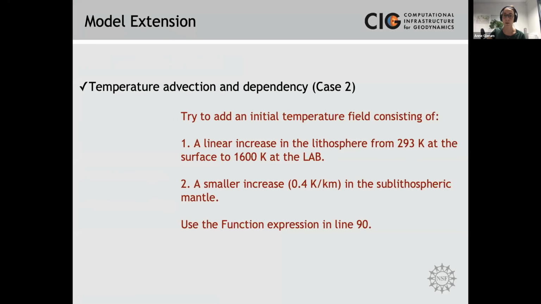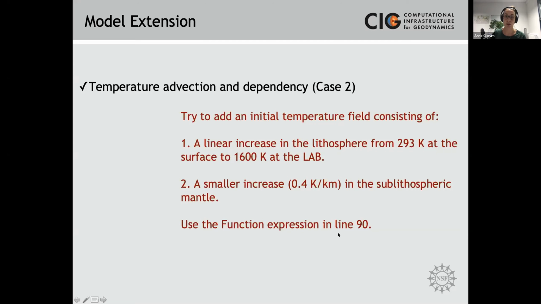And then I think if you would like to play some more with this model that we just ran, the first thing to do would be to add an initial temperature field and make the density temperature dependent. And the initial temperature field would have an increase to 1600 Kelvin at the LAB, so at the lithosphere boundary, and then a smaller adiabatic gradient in the sublithospheric mantle.